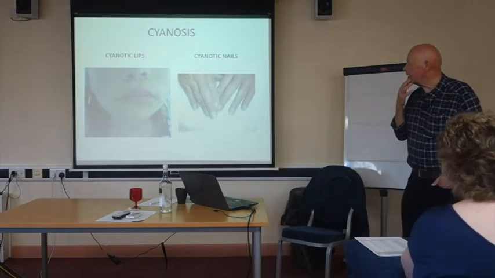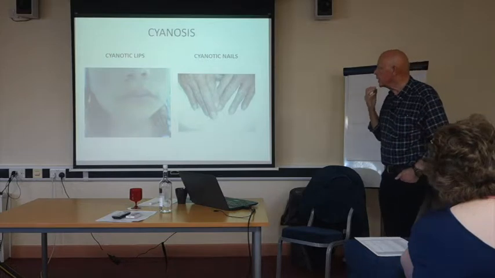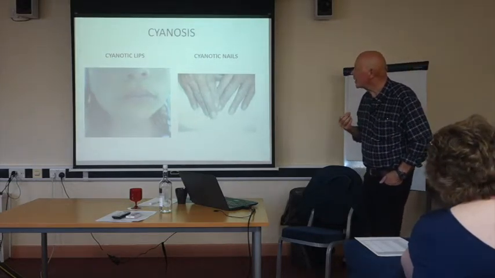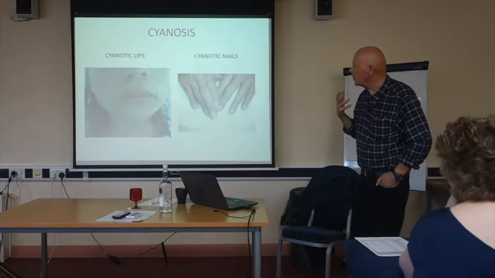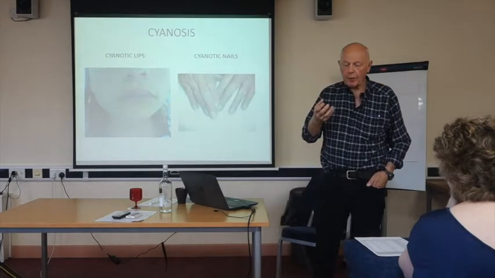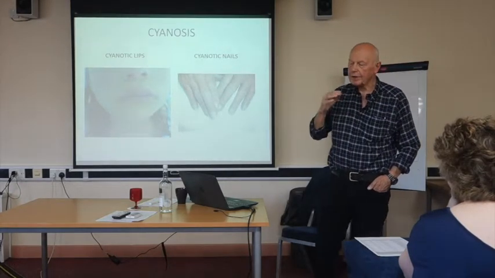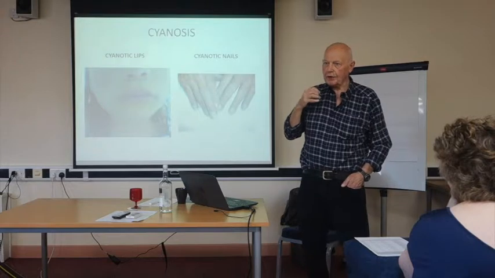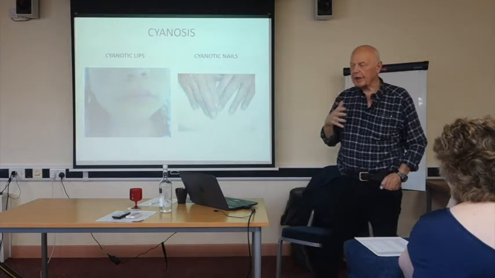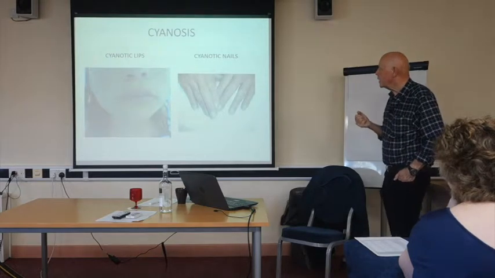Cyanosis. Cyan is a Greek, I think, word for blue, and this bluish tone shows up when the blood that's reaching that area is not properly oxygenated, or when the blood isn't reaching the area at all.